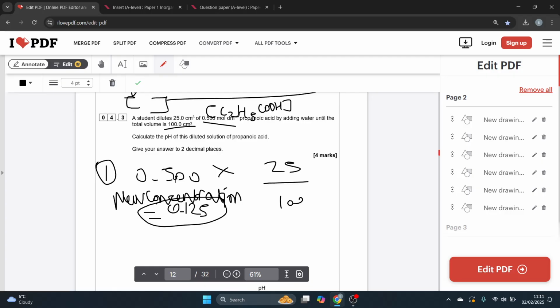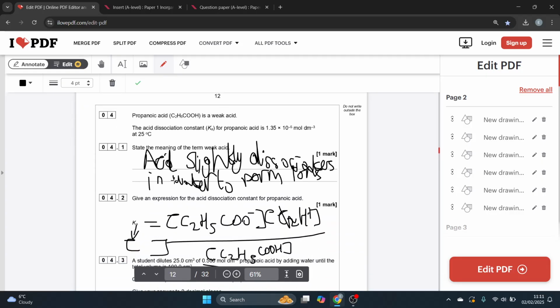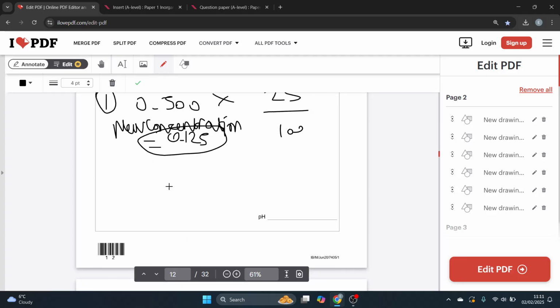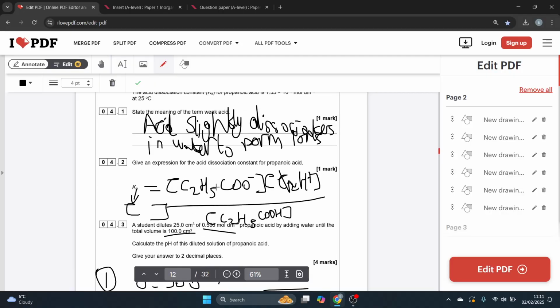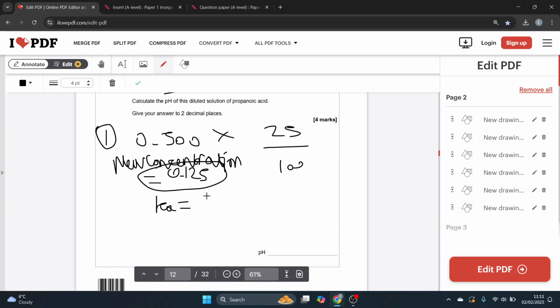Calculate the pH of the diluted solution of propanoic acid. Okay, so I know Ka equals this, that. But because I've only diluted propanoic acid by adding water, it's going to be pure.